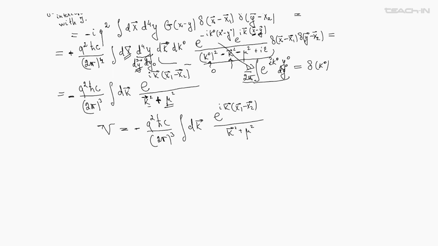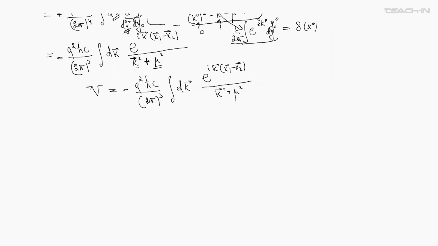Let's introduce the modulus of vector k, which I denote by k without the vector on it. And I will introduce r, the distance between points x1 and x2, which is the modulus of x1 minus x2.